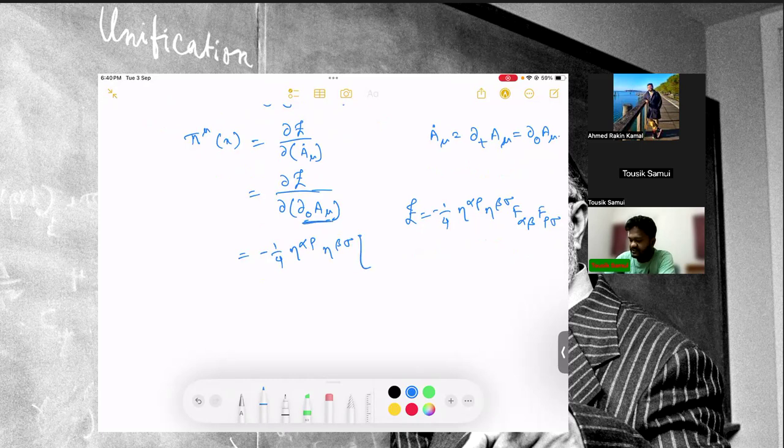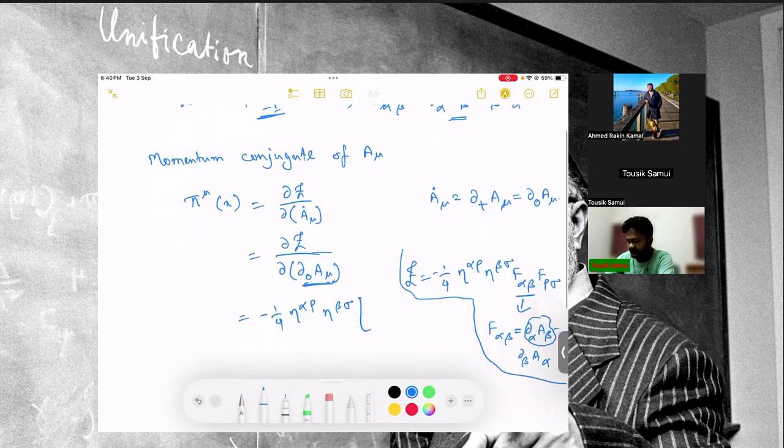Now we will differentiate it with respect to del 0 A mu in F alpha beta, where F alpha beta is del alpha A beta minus del beta A alpha. So it has two terms. From the first term, it will pick up value when alpha is 0 and beta is mu.